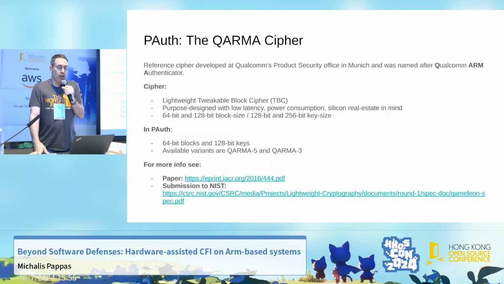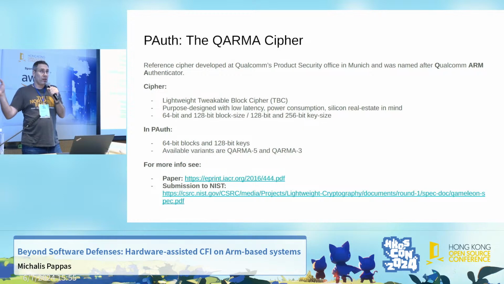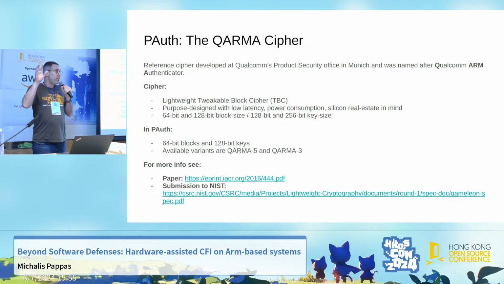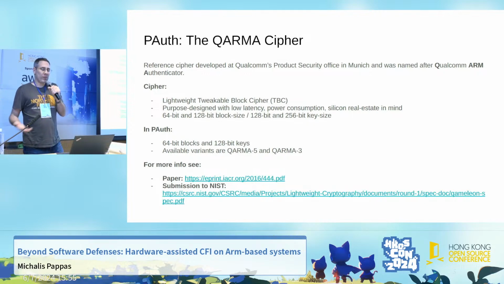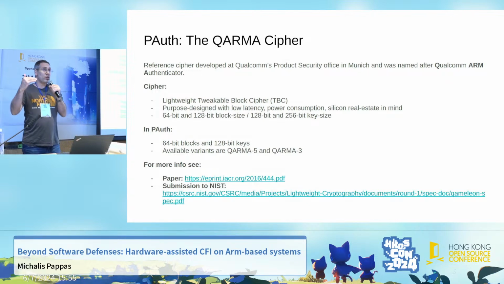Lightweight because, as opposed to AES or similar block ciphers, it provides just acceptable security for a given purpose. It's a purpose-designed algorithm, and therefore the security has to be good enough for the purpose. Unlike generic block ciphers like AES, which have to have full security or as good security as possible. And tweakable means that you have this additional modifier parameter.